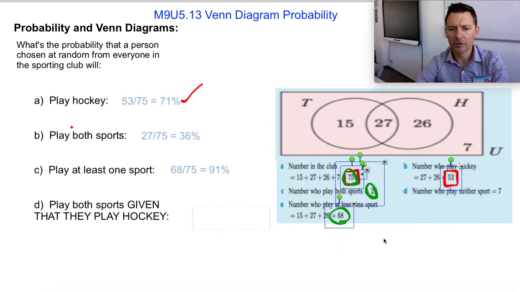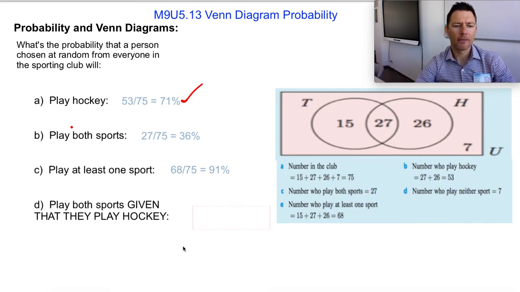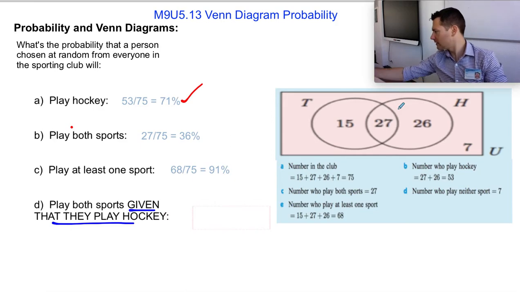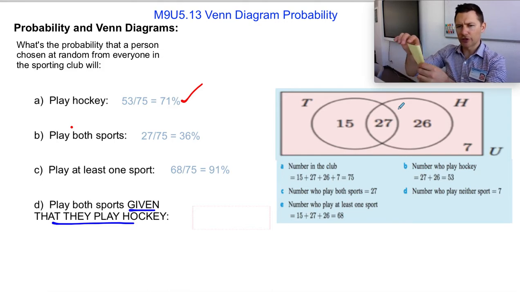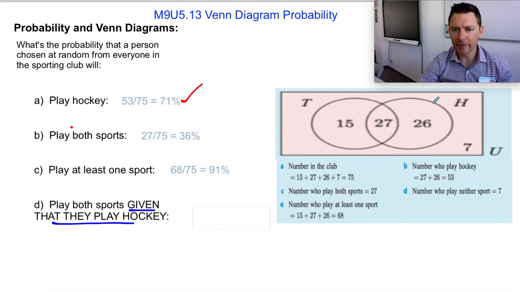All right. So this one's tricky. I want the probability that they play both sports, given that they play hockey, right? This piece, given that they play hockey, means I'm not picking from everybody. I take the list that has everybody, and I find the portion that says hockey, and I just take the hockey part, and I read off the hockey list. So given that they play hockey I'm only looking at these.